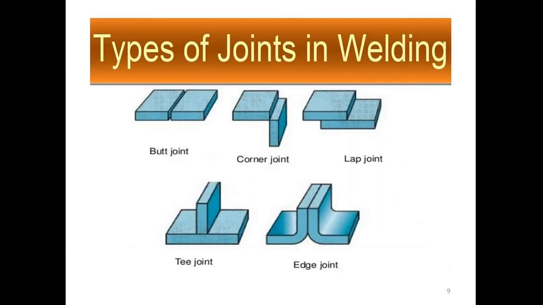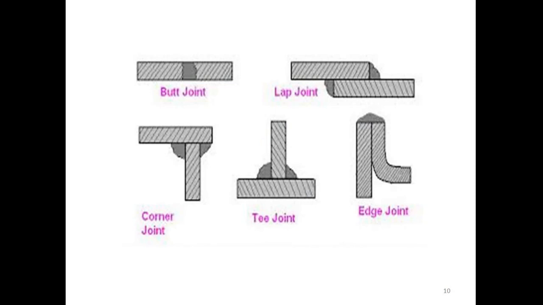Normally it is used where light weight and high strength are required, just like in aircraft. Then apart from that, welding comes into the picture. There are various types we studied, that is butt joint, lap joint, corner joint, T joint and edge joint.